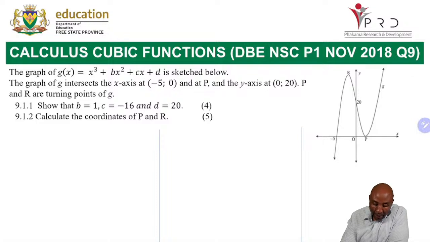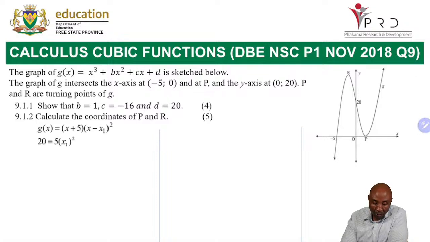P and R are the turning points. We have to show that the values of B, C, and D are those. So D, it's our y-intercept 0 and 20. We are able to get that one. But how do we get the remaining ones?